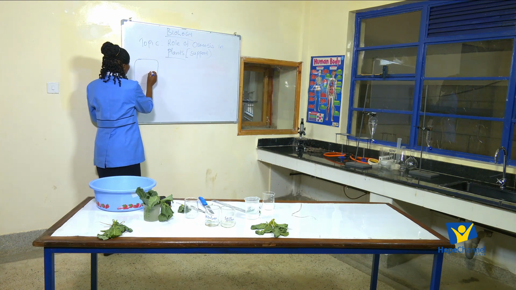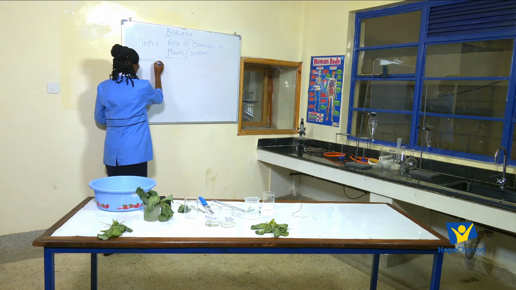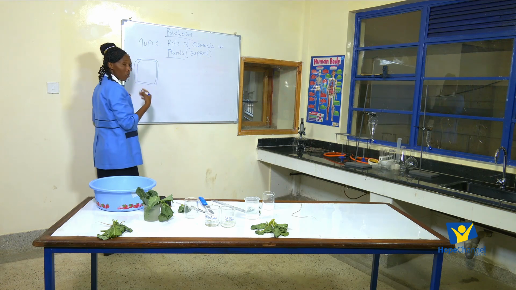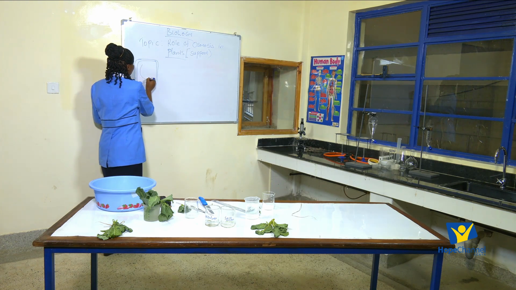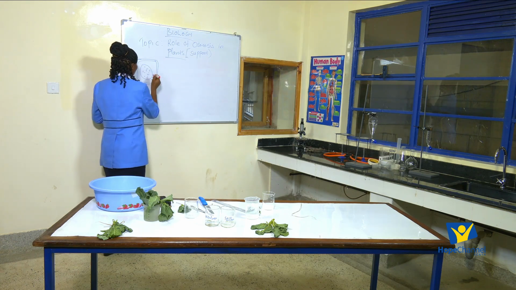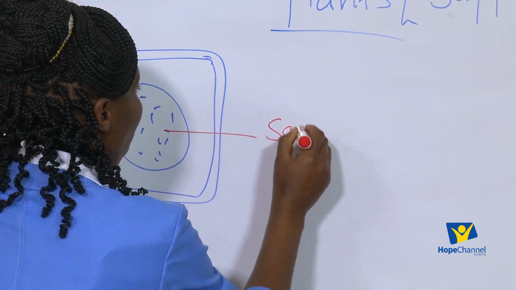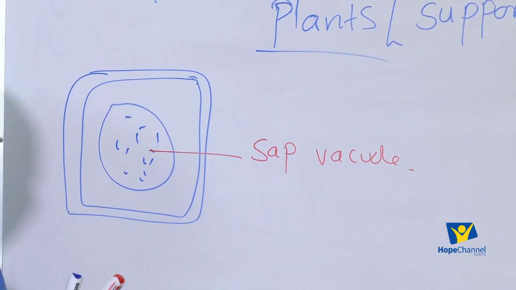Now I want to draw a simple structure of a plant cell. I want to assume this is a plant cell. This is just a sketch of a plant cell. And then we said inside here we have what we call the sap vacuole. Okay, we are interested in the sap vacuole.